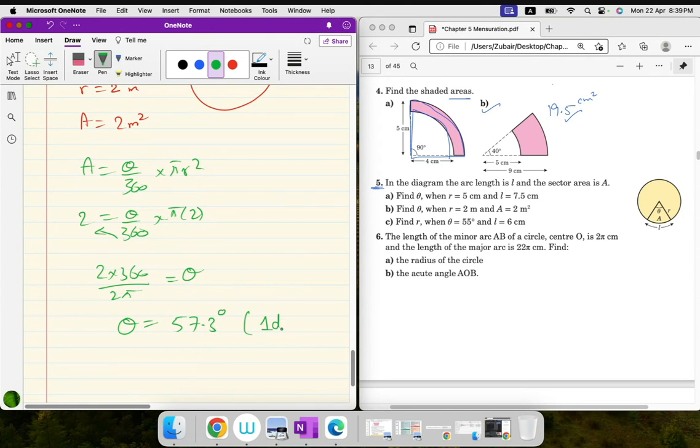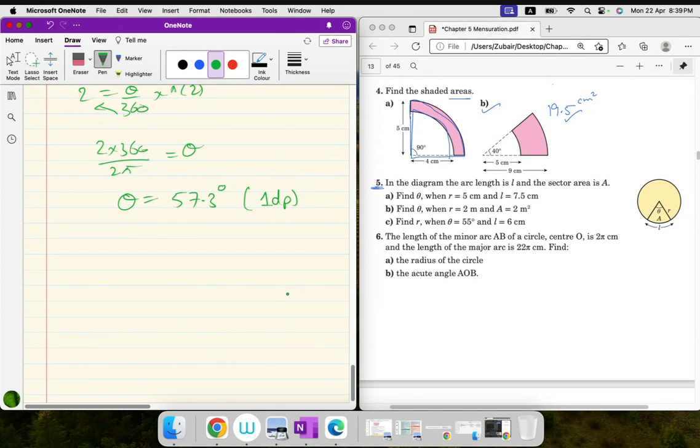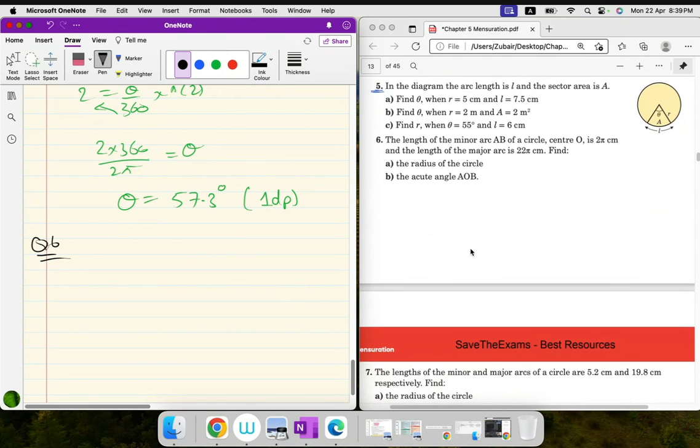That is one decimal place. Angles are usually written in one decimal place. Okay. Question number 6. I'm deliberately leaving one part in each question for normal practice, and I will share some practice questions apart from the book from a different resource.